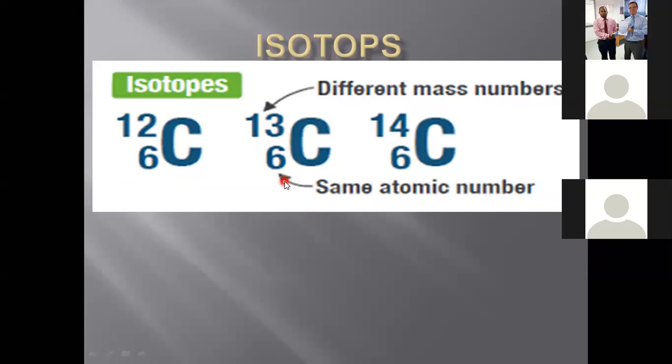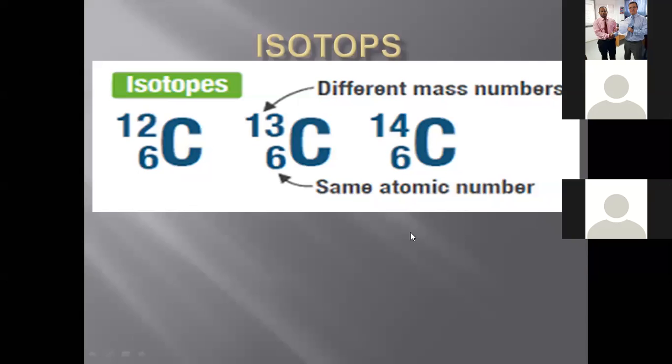In carbon 6 13, how many neutron exist? Just subtract, you will find the number of neutron. Who can answer the question?